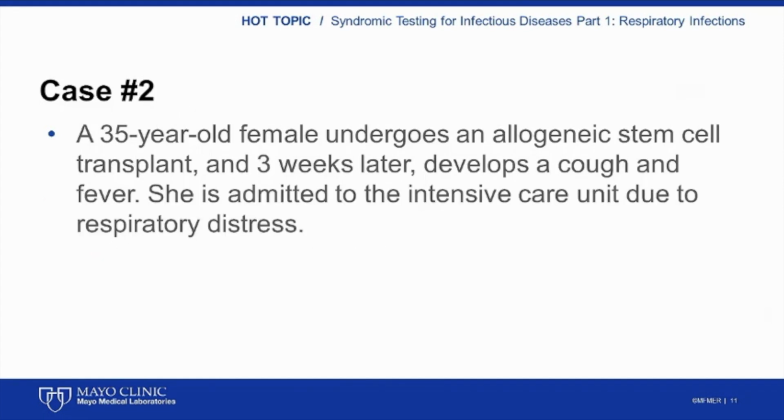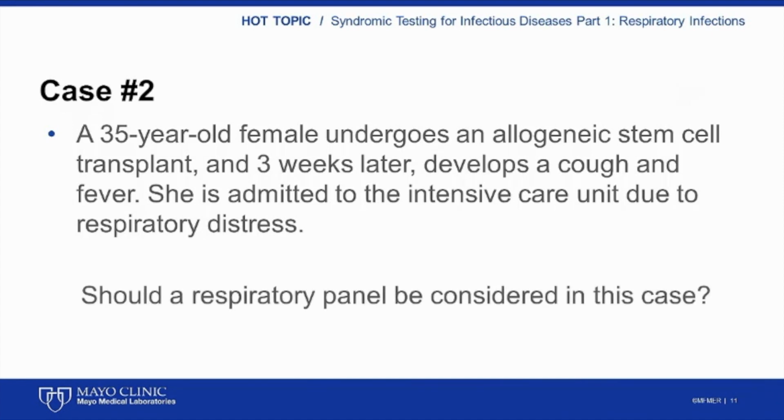In our second case, a 35-year-old female undergoes an allogeneic stem cell transplant, and 3 weeks following her transplant, she develops a cough and fever. She's admitted to the ICU due to respiratory distress, and the team is interested in diagnostic testing. Again, the question of should a syndromic respiratory panel be performed is raised by the clinical team.